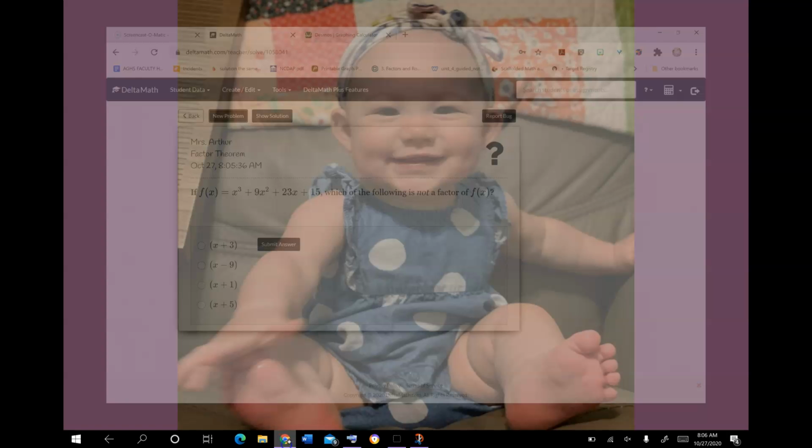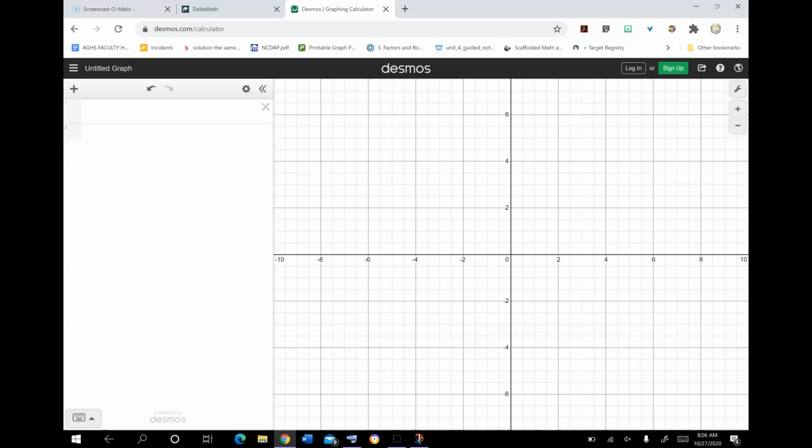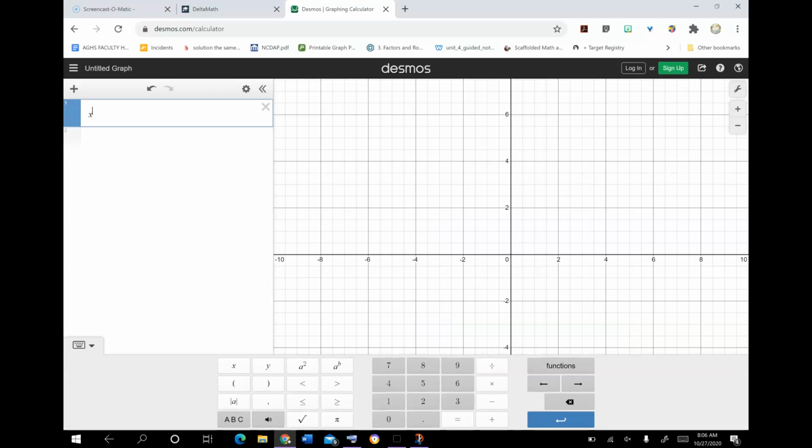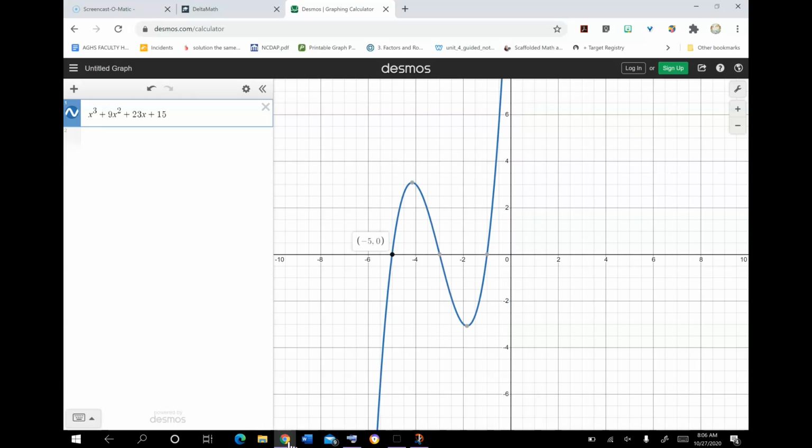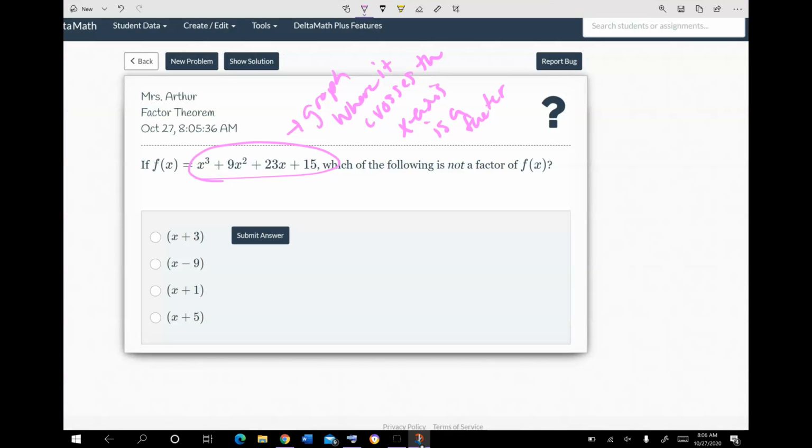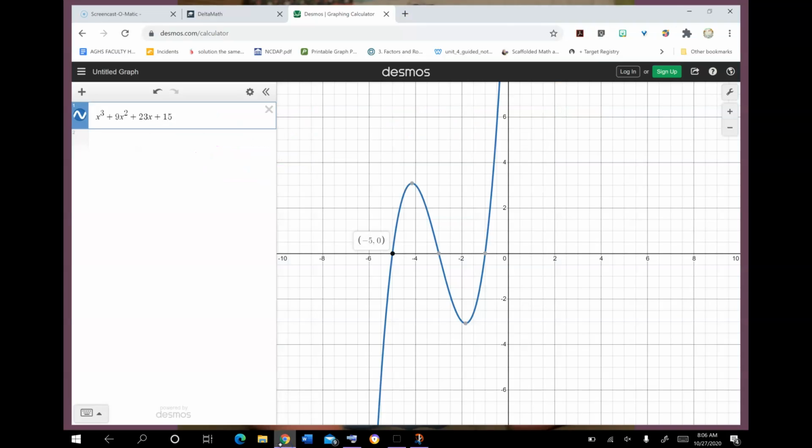So let's go back to Desmos. We're going to type this one in. It's going to be x cubed plus 9x squared plus 23x plus 15. All right, where does this bad boy cross? It crosses at negative 5. That means that's going to be an x plus 5, so x plus 5 is a factor.